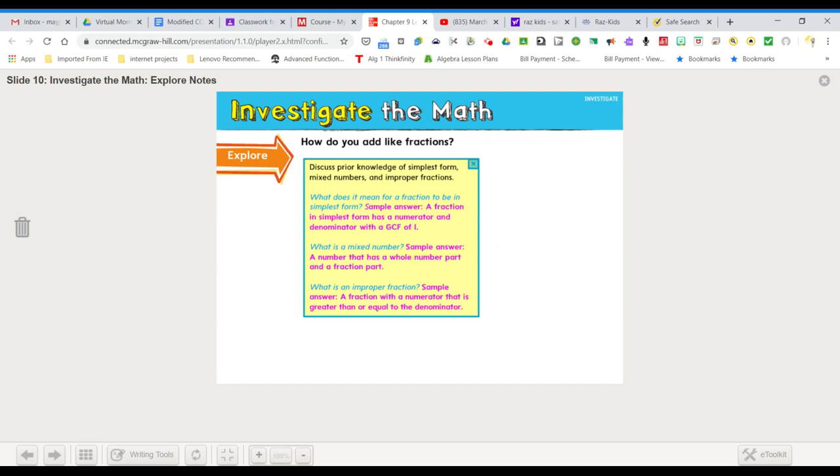So 8/8 would be an improper fraction because the numerator is 8 and the denominator is 8. That makes it improper. We know that 8/8 is equal to 1. And also something like 3/2. 3 is greater than 2, which makes it an improper fraction. So just refreshing your memory on those definitions, and we have talked about all of these things already.